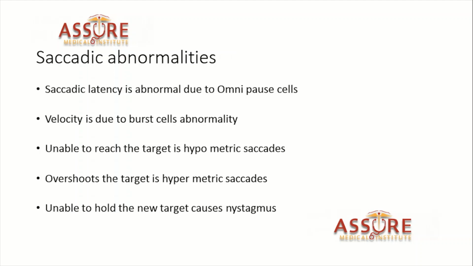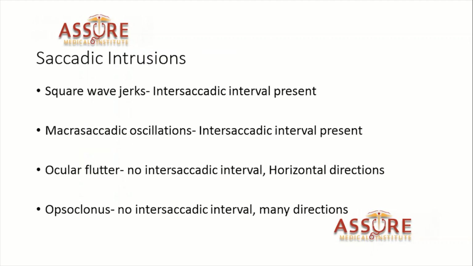Unable to reach the target means the judgment of the burst cell to give enough pulse is not there. Undershooting and overshooting are both common in cerebellar disorders, but more commonly overshoots. Being unable to hold the new target is because of a neural integrator problem, and it is seen in nystagmus.